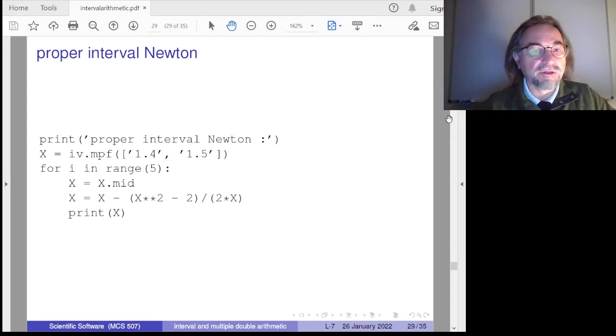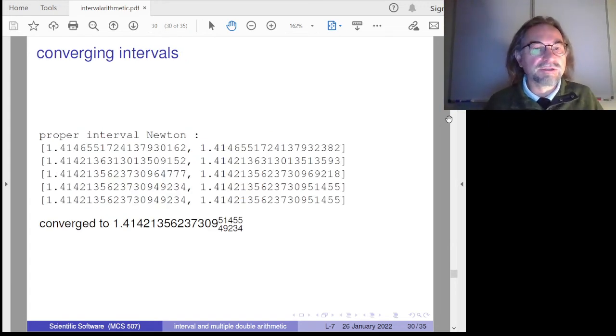Okay, so when one does this, we actually have a Newton's method that is contracting, and in every step we replace the interval by its midpoint. So that's the proper use, given that in this operation we have the same x in the numerator and the denominator. So that then leads to a nicely converging Newton's method with an extra upper bound.